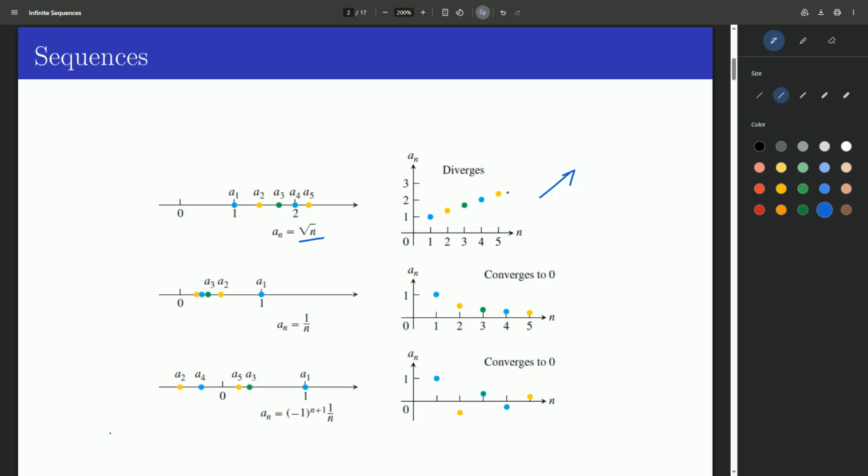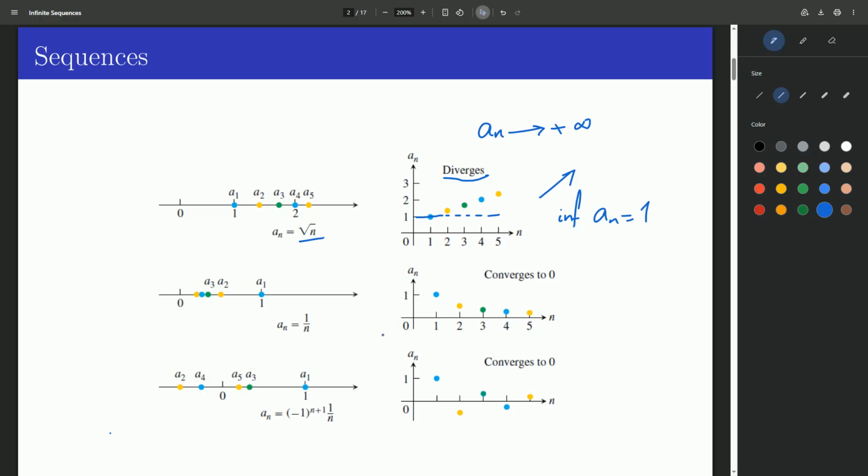Since the terms of the sequence go to infinity, this sequence is called divergent, or we say a_n diverges to plus infinity. But all the terms of the sequence are greater than or equal to the first term, and it is called the infimum. So if I want to find the infimum of a_n, it is 1.